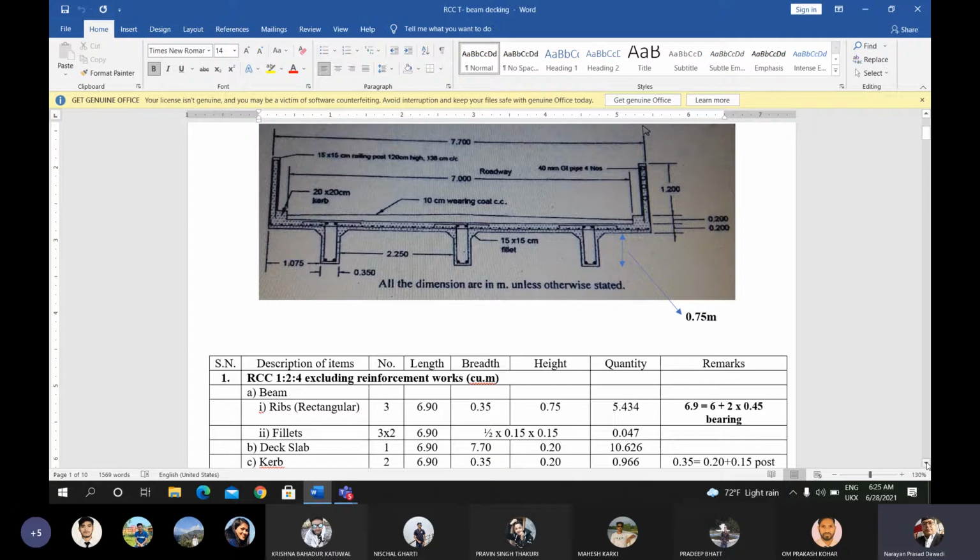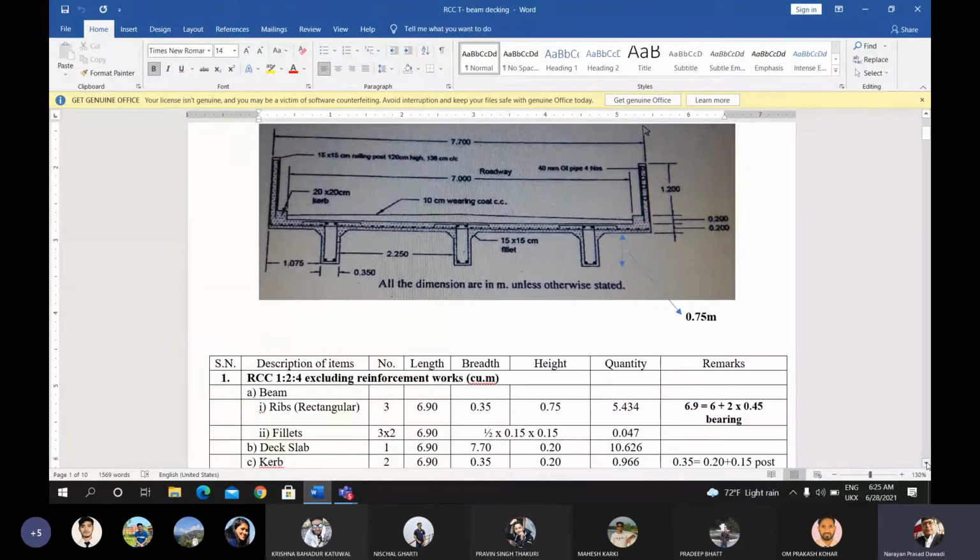The length is along the longitudinal direction of the section.